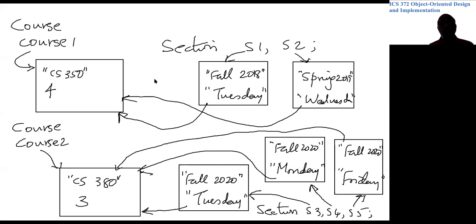At this point in time, I have 2 course objects, 2 sections for CS350, 3 sections for CS380, and each one of these sections refers to the corresponding course object. So when you get a section, you can immediately tell which course it is. You can print the course ID or the course credits, for example.